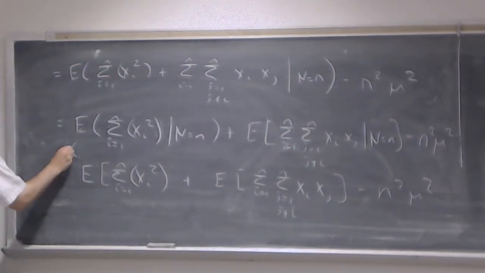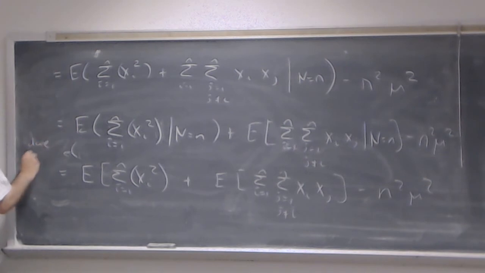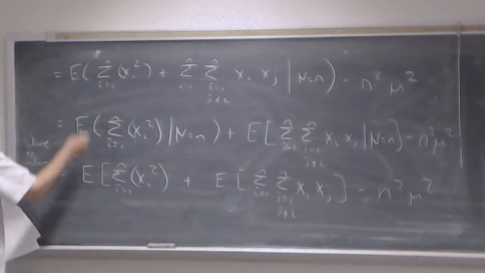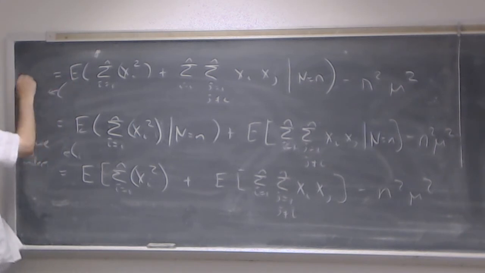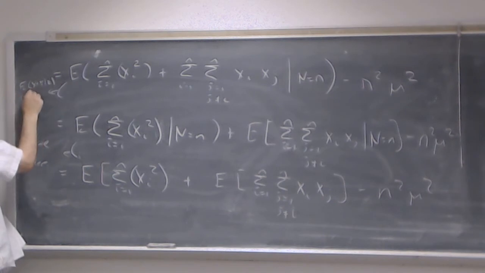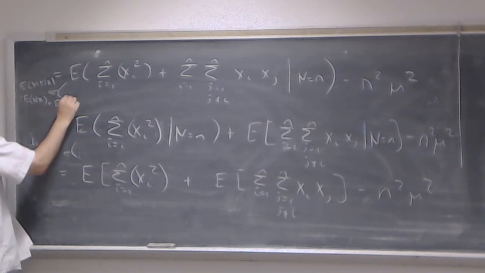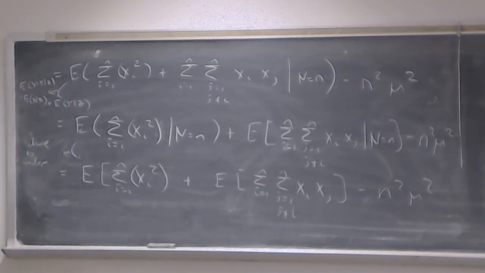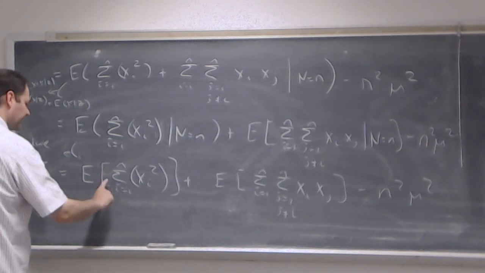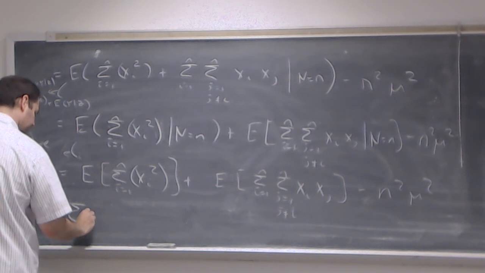This part here is due to independence between the X_i's and the N, okay? And the same thing here. And this part right here was due to the fact that the expected value of X plus Y given Z is the same thing as the conditional expected value of X given Z plus the conditional expected value of Y. Okay, the expected value of a sum is the sum of the expected values.